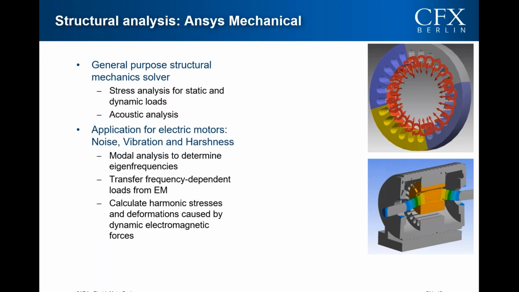When used for electric motors, we often assess the topic noise, vibration, and harshness. That can be a simple modal analysis to determine the eigenfrequencies of the parts of the machine and the assembly. Or we transfer frequency-dependent loads from EM because loads can change the eigenfrequency.